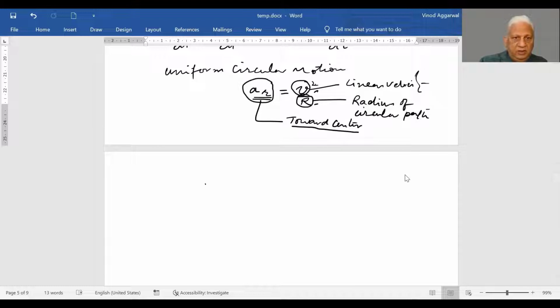So we can write force is always equal to mass into acceleration. We have already seen acceleration is v square by r. So if a body has a mass m, it will be exerting a force F towards the center.